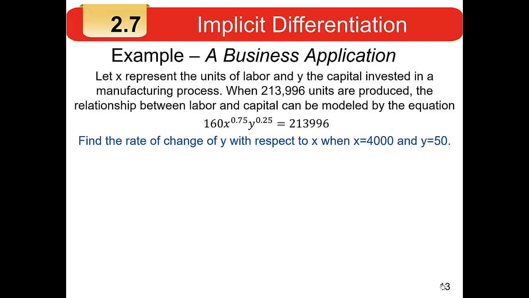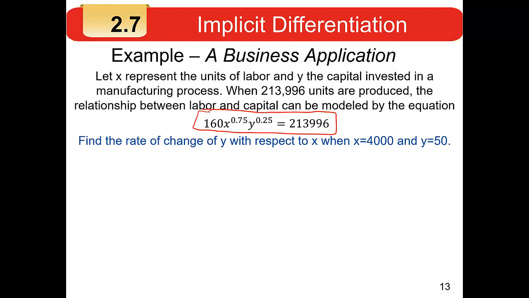with respect to x at a particular value of x and y, but I can already sort of see you freaking out at the equation here. It's a fractional exponent on x and y. 0.75 is a fractional exponent. Don't worry about it. It's not going to turn out to be difficult if you just bear with me.